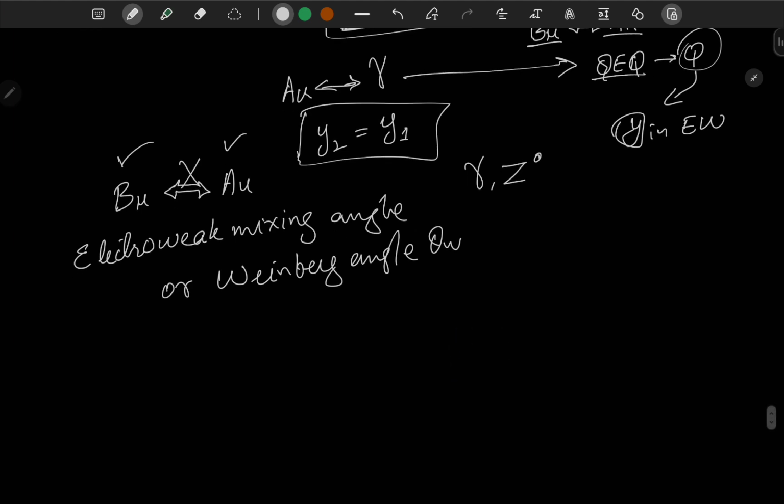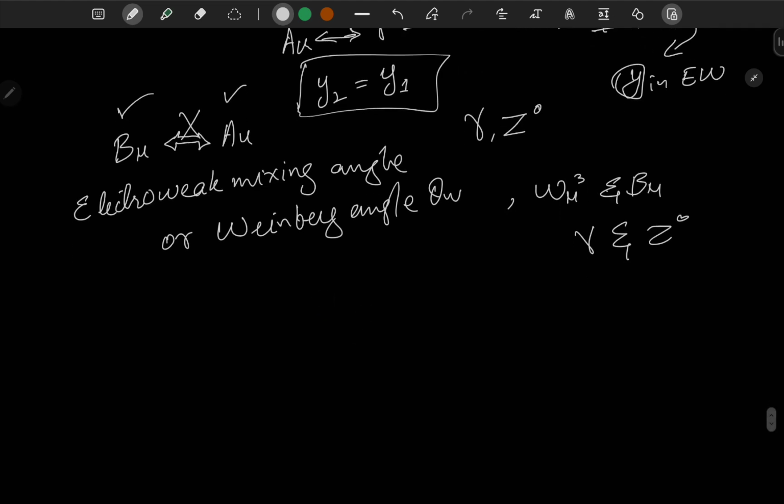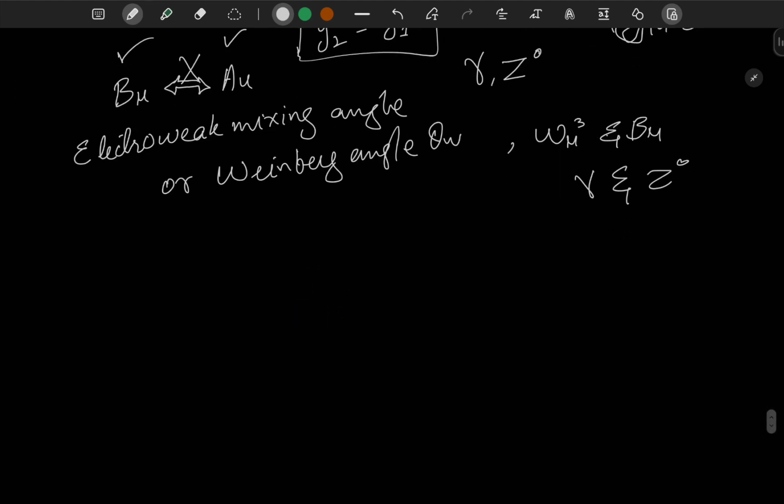And we are going to write W mu 3 and B mu as a superposition of gamma and Z0. So how do we do that? Actually the thing that I'm going to write here right now is called the electroweak unification.